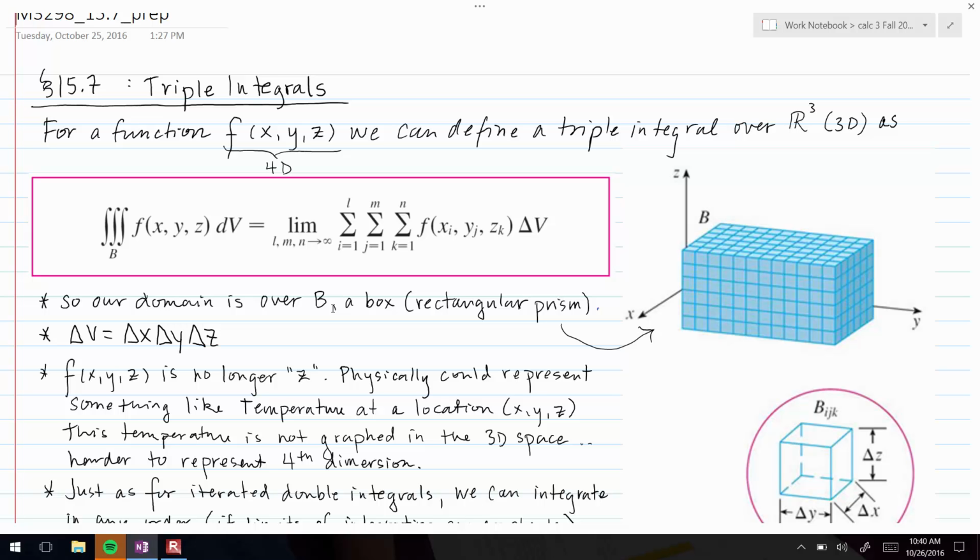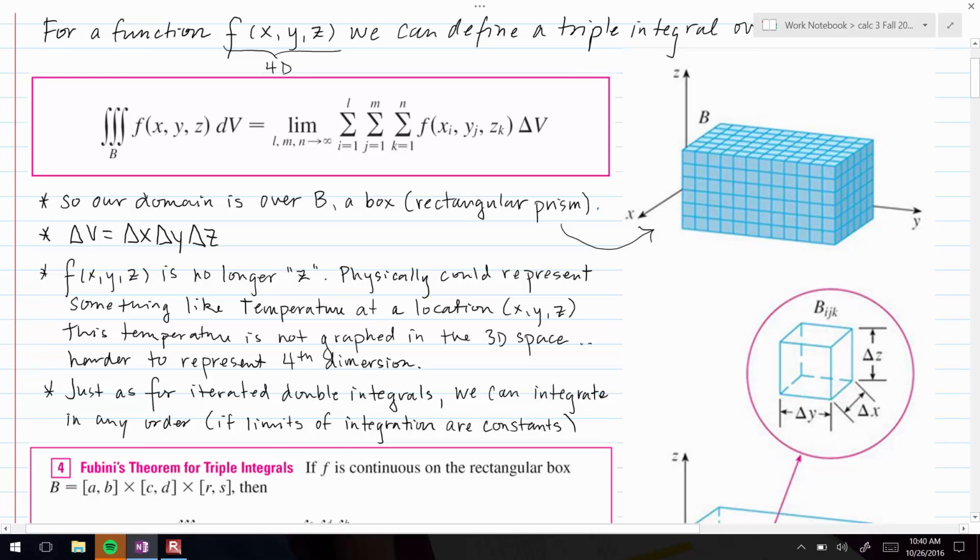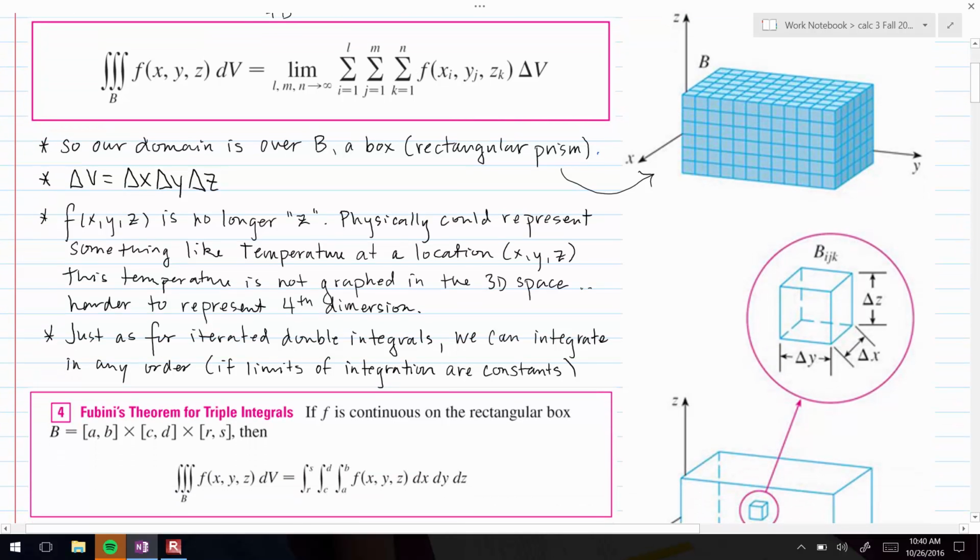So it's not an empty box, it's stuffed with things. It's a solid. And it has three dimensions, delta x, delta y, and delta z. And that's what we're integrating over.